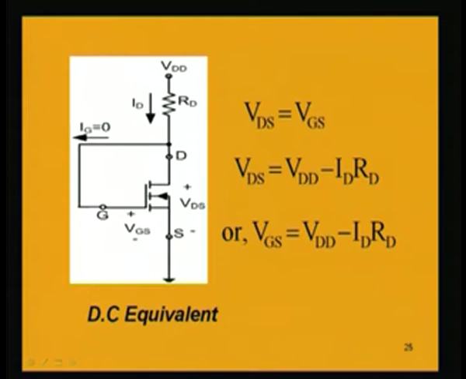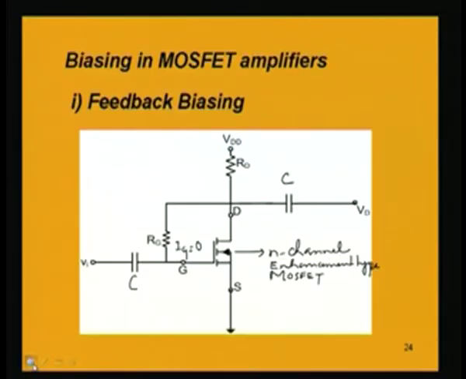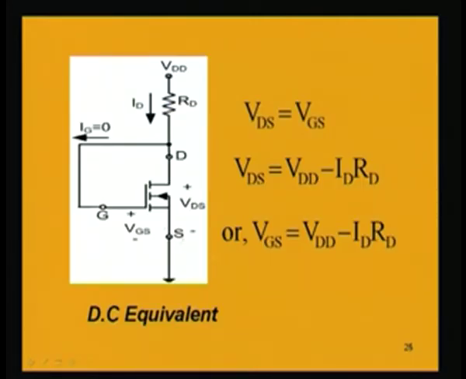So, the capacitors can simply be removed in the DC equivalent circuit, and the simplified DC equivalent circuit appears as shown in the figure.